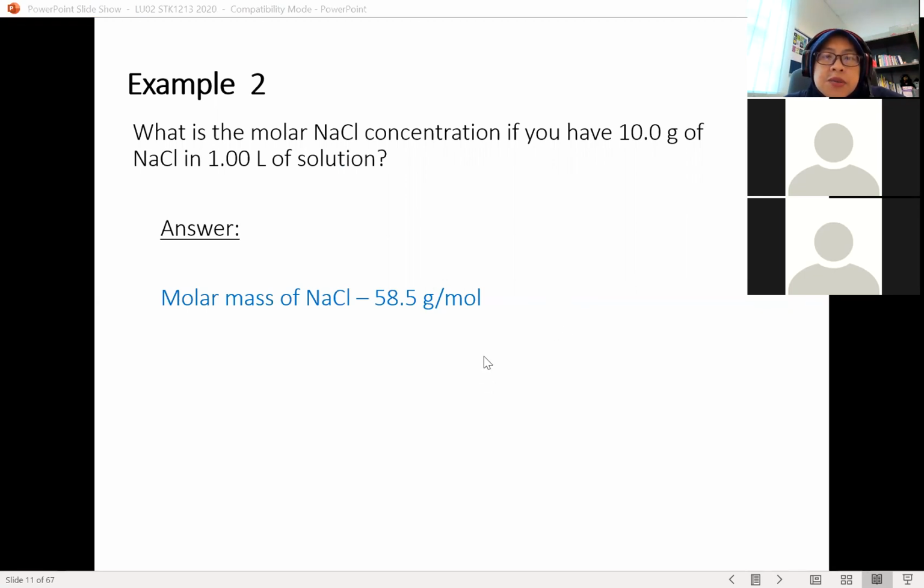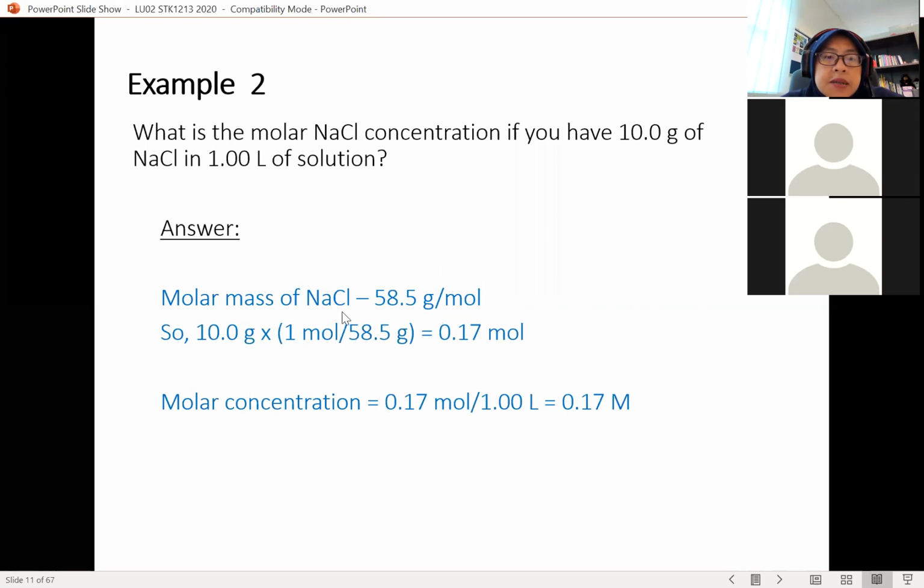The first step is you need to find the mole because mole is not given in the question. You want to find molarity. So based on the definition of molarity equal to mole of solute over liter of solution, you already have liter of solution, so you need to find mole of solute.